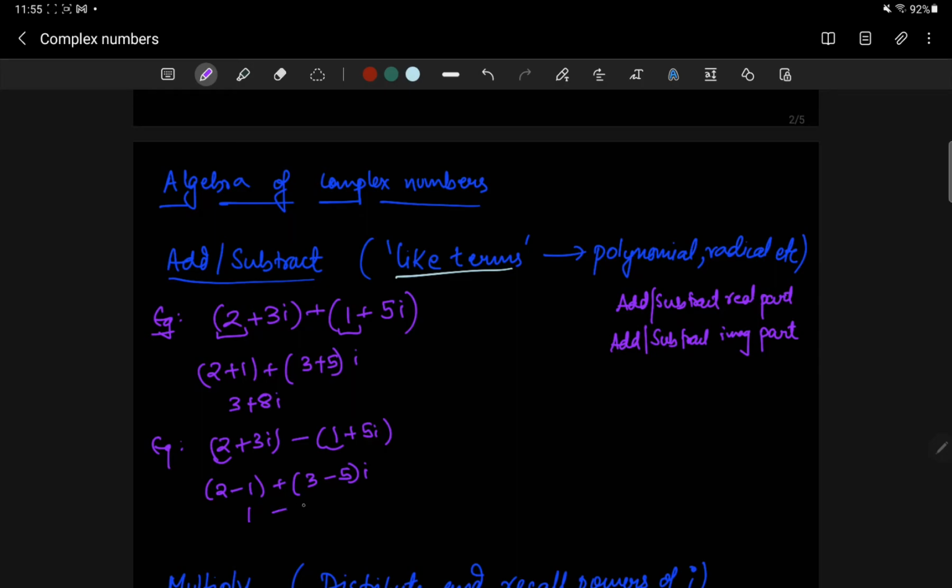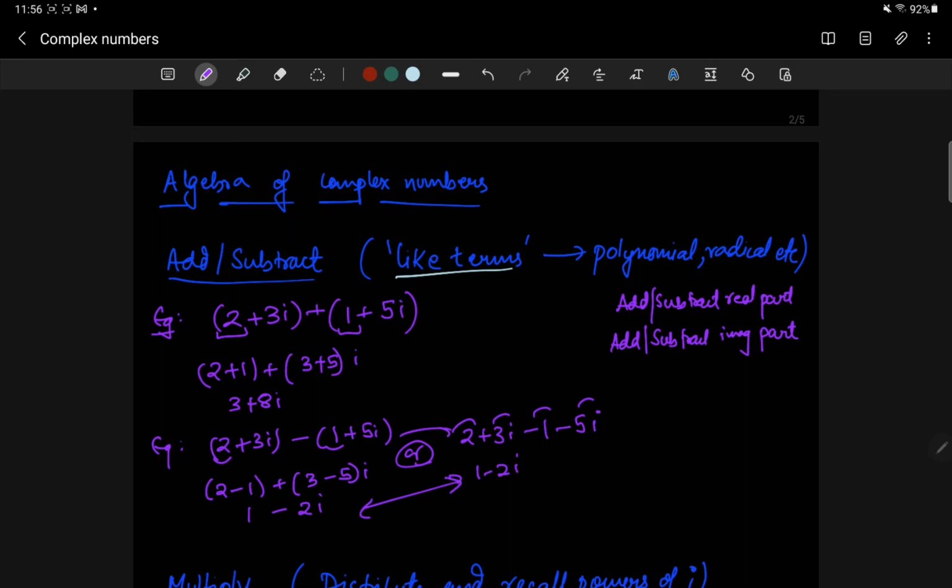So you would get 1 minus 2i. Another way to do this is to write it down as 2 plus 3i minus 1 minus 5i, and then 2 minus 1 is 1, and 3i minus 5i is minus 2i, giving 1 minus 2i.